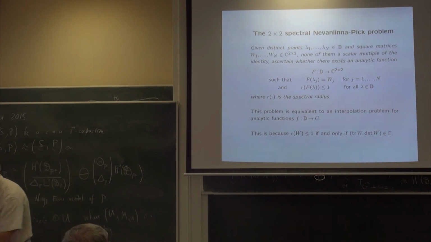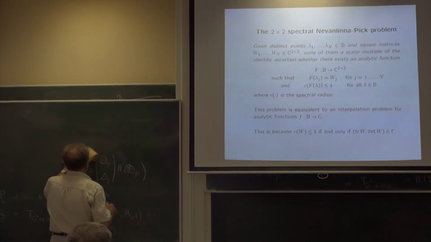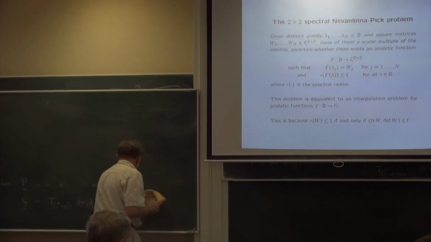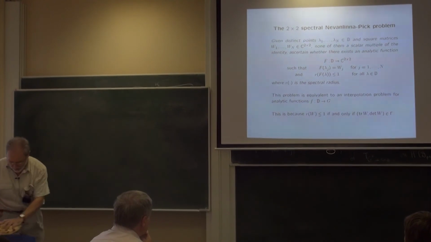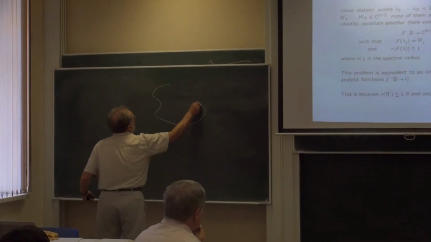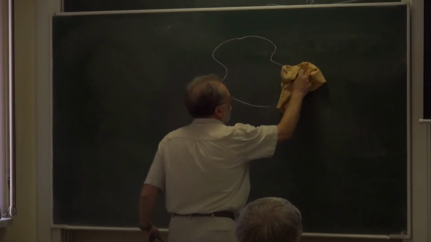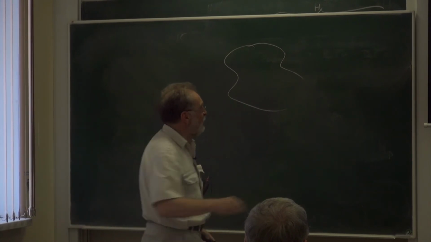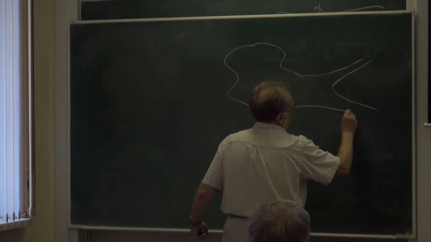We made an attempt to solve this problem, and that's what led us to start looking at the symmetrized bidisc. The motivation, I think, is fairly simple. Let me draw the set of spectral radius at most one matrices.